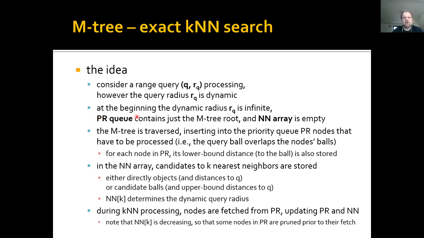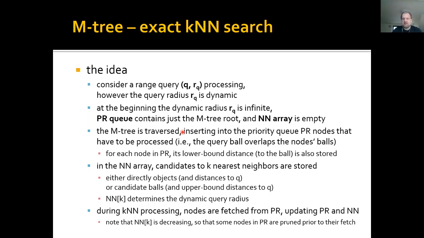The PRQ at first just contains the root of the M-tree. We have no candidates for nearest neighbors, so we have an empty array, and then the M-tree is traversed based on popping requests from the PRQ. Every request is in the form of a node, so it is unwrapped, and the child nodes are inserted back into the priority queue, and so on.